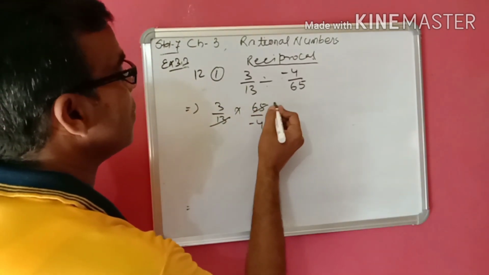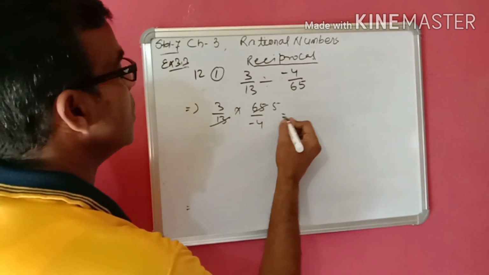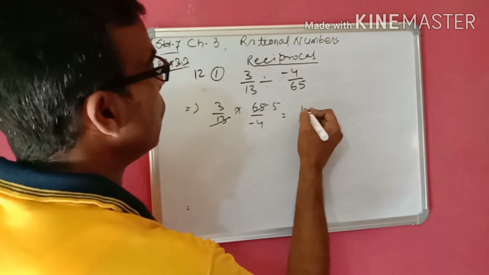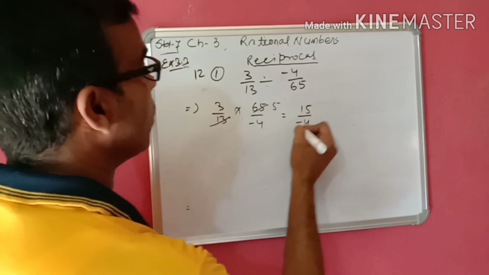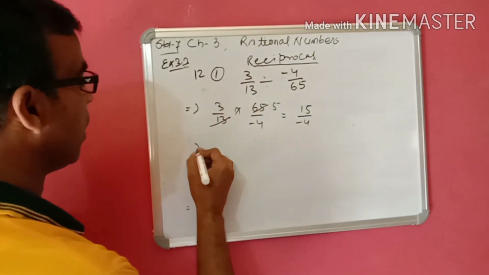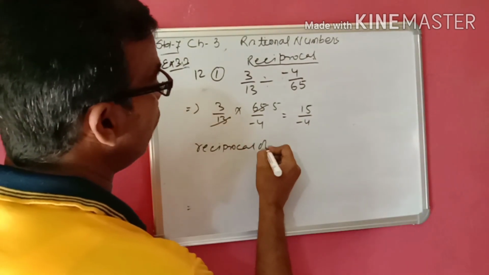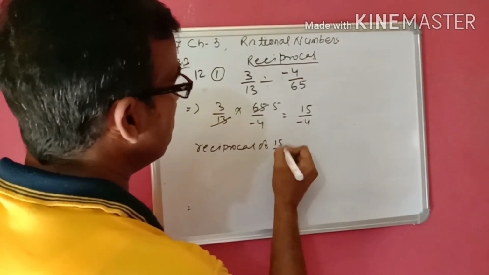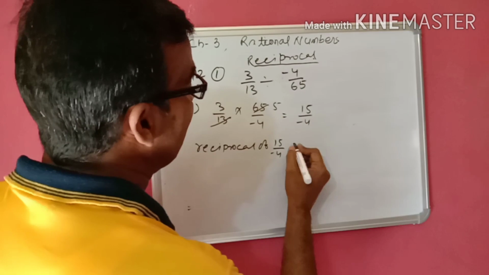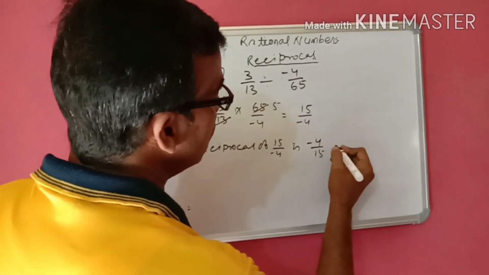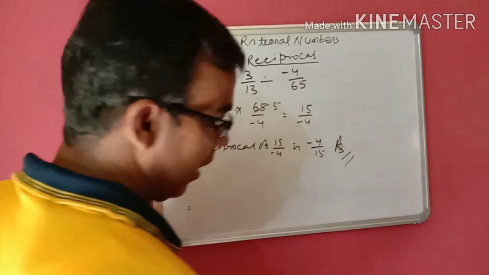This is 5. So this one will be 15 by minus 4. Now the reciprocal of 15 by minus 4 is minus 4 by 15. This is your required answer.